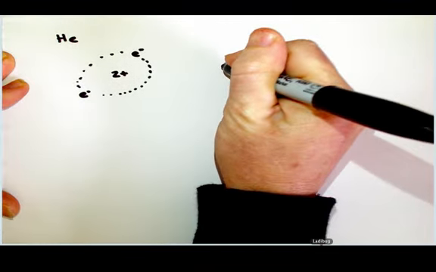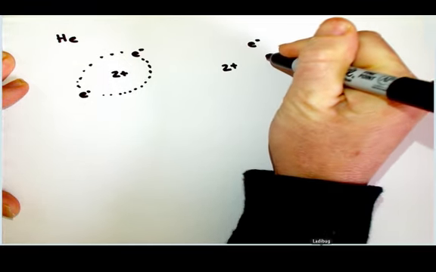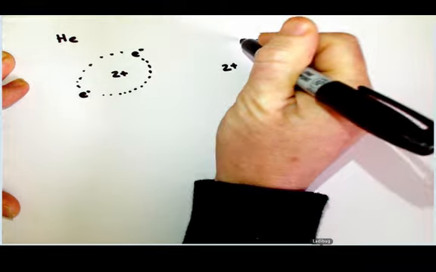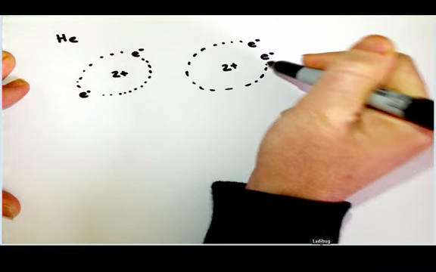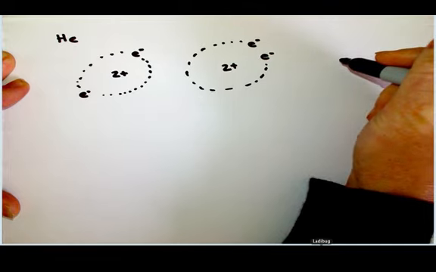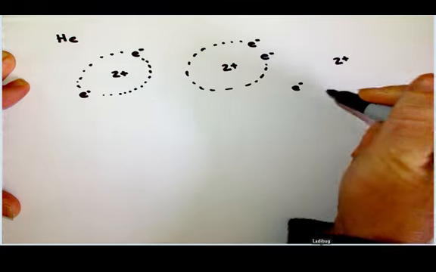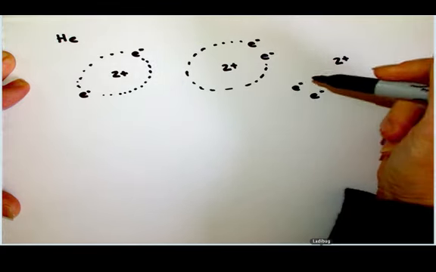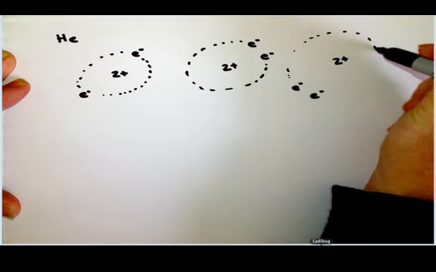But because these electrons are always in motion, at an instant in time, it's possible that they would be on the same side of the atom. And at another instant in time, it's possible that they would be on a different side of the atom. Keep in mind that this would just be a very brief, instantaneous interaction.